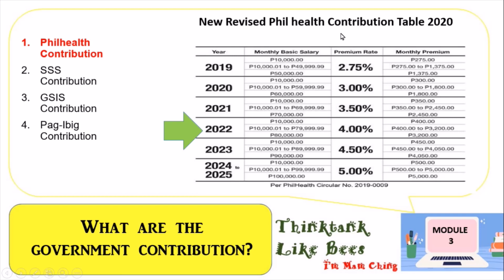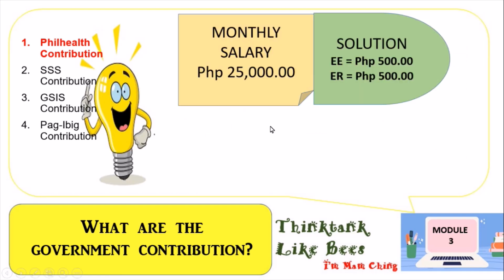Here's the table for the revised PhilHealth contribution table. In 2022, it is already 4%, which should be divided between the employee and employer. That means you need to pay 2% each, both for the employee and employer. This is the sample. For example, you have a 25,000 salary.